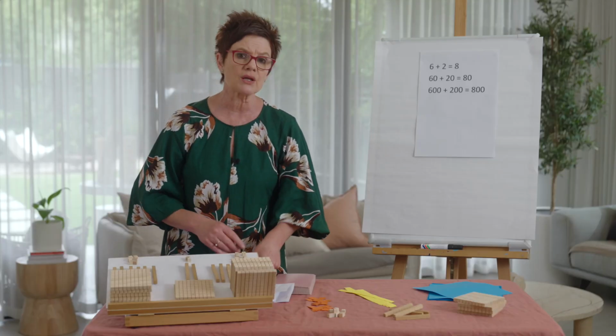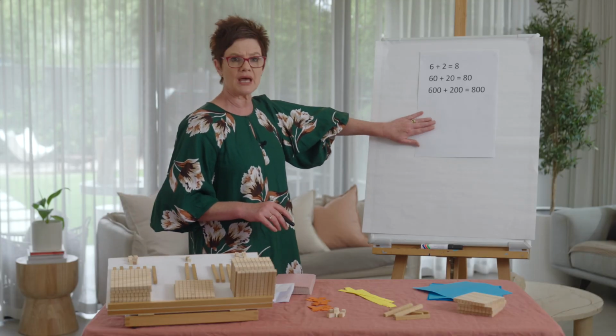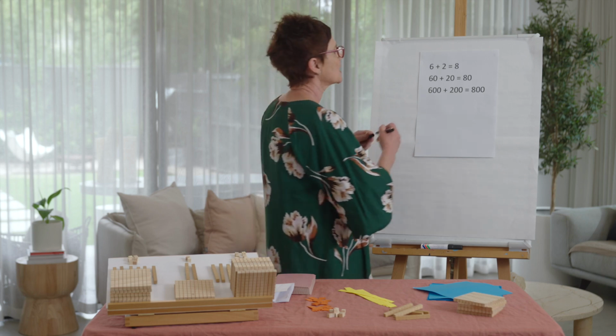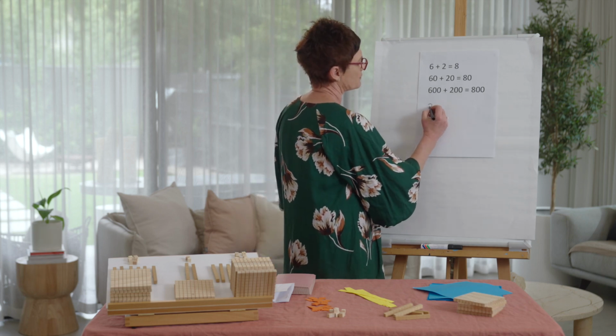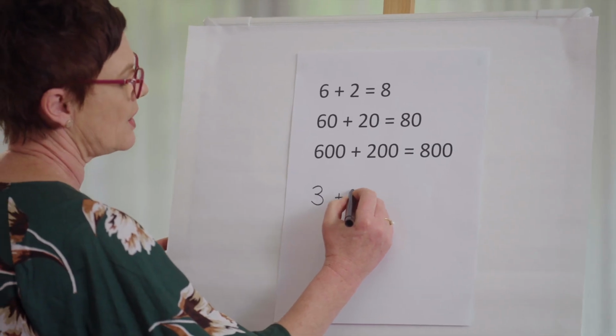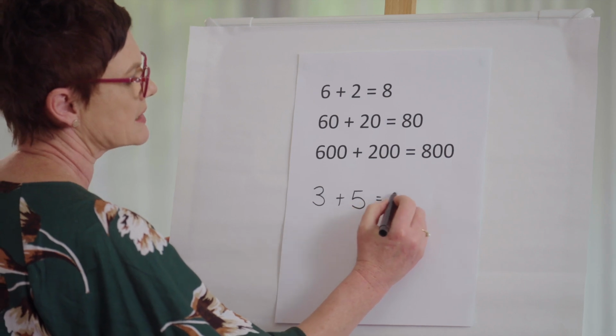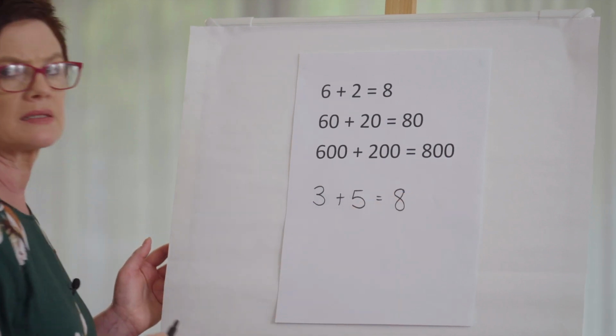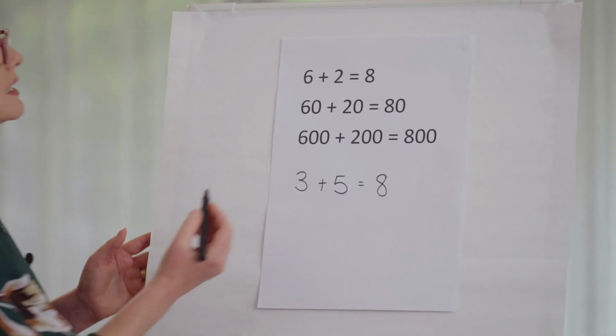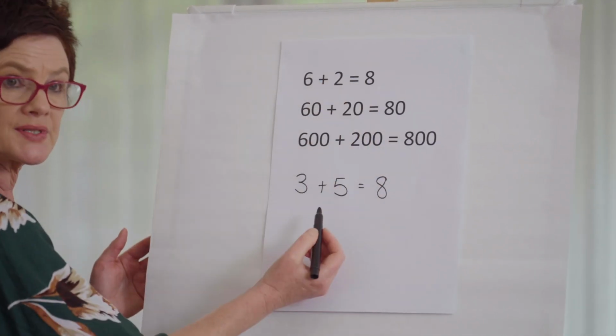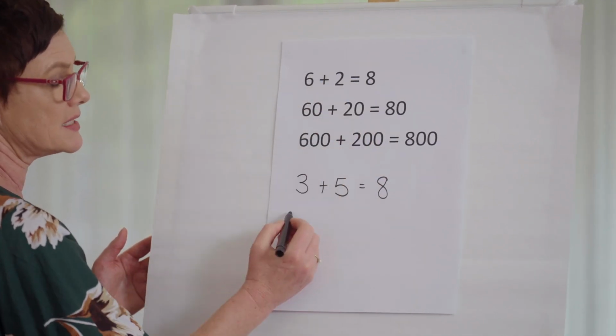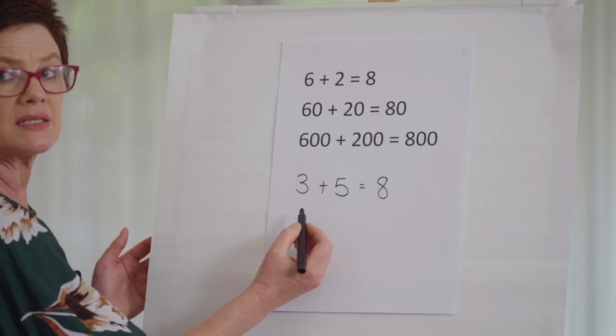So let's have a quick look at another one on our number talk. If I know that 3 and 5 makes 8, then I can use this pattern and write, what's the next number in my tens?